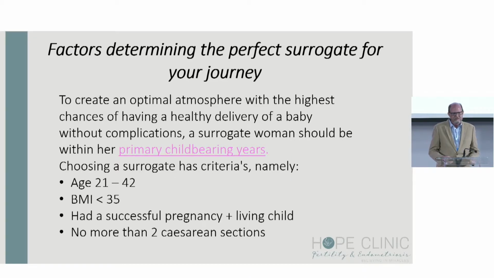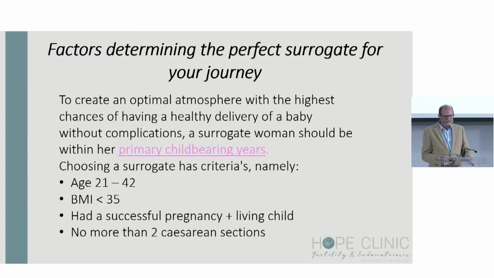So the factors determining the perfect surrogate for your journey is to create an optimal atmosphere with the highest chances of having a healthy delivery of a baby without complications. A surrogate woman should be within her primary childbearing years.